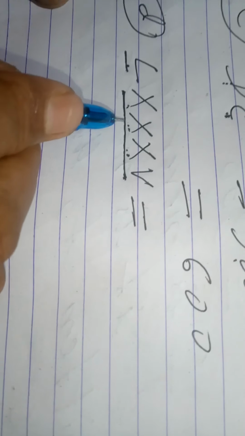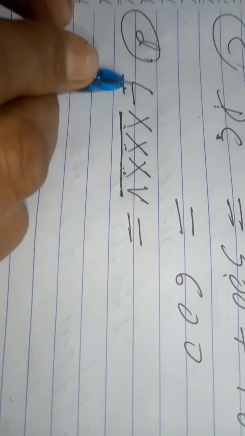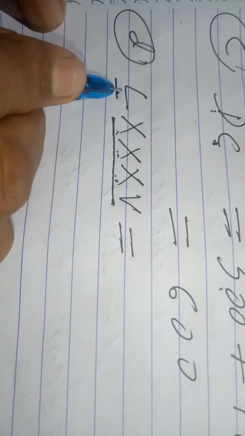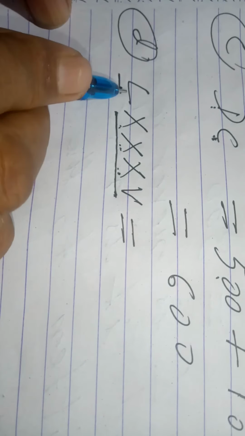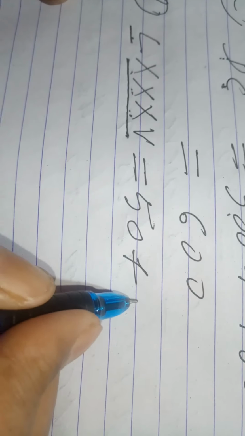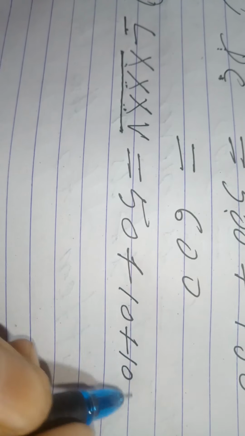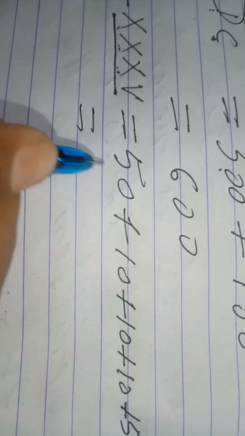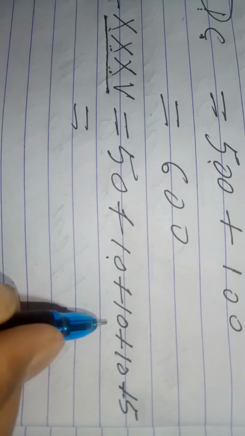When a smaller value is written to the right of a larger value, then it is added. L for 50 plus 10, 10, 10 plus 5. 50, 60, 70, 80, 85.